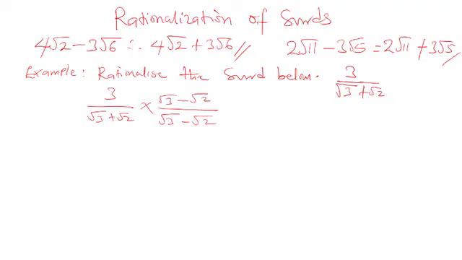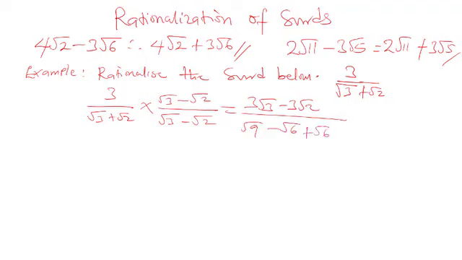Now let's multiply it. We have 3 root 3 minus 3 root 2, just 3 times root 3 and 3 times root 2, all over. Now let's deal with this. Root 3 times root 3 is root 9. Root 3 times root 2 is minus root 6. Root 2 times root 3 is plus root 6.